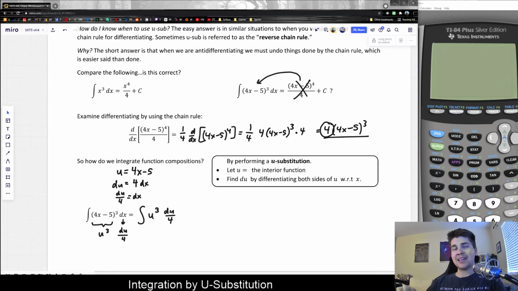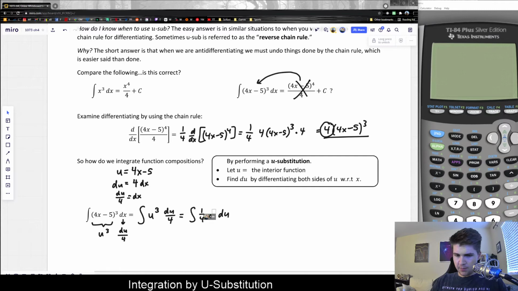It's usually just something where I said, don't worry about that, that's at the end of the integral. But it is an algebraic statement, and you could think about it algebraically as well. So in this case, du over 4 is just like a 1/4, and you could write that in a number of ways. You could write this as 1/4 u cubed du.